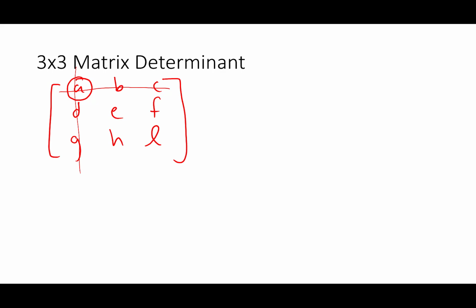So the first part of the determinant is A times the determinant of the matrix E, F, H, L. That's our first term.